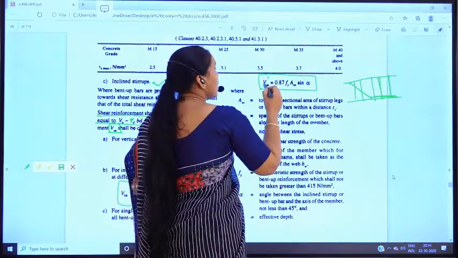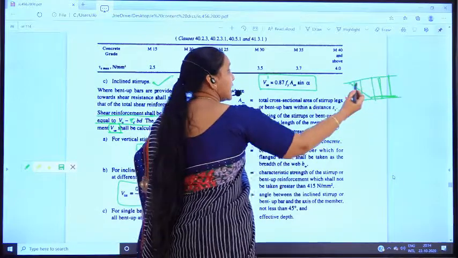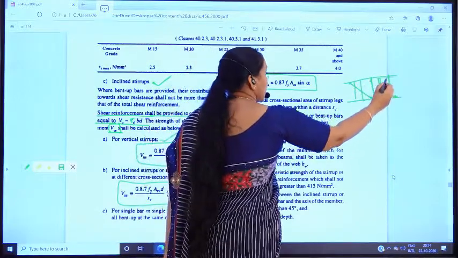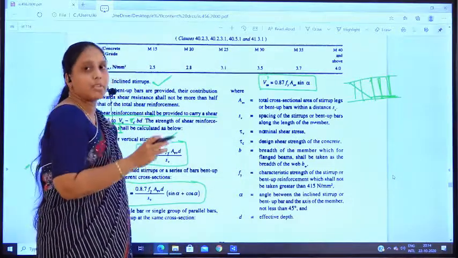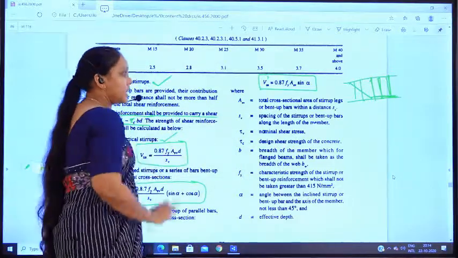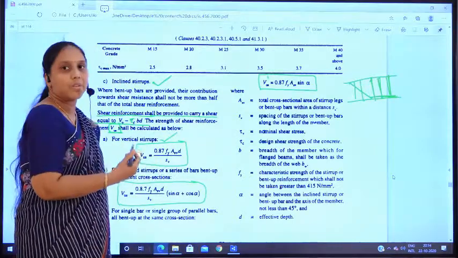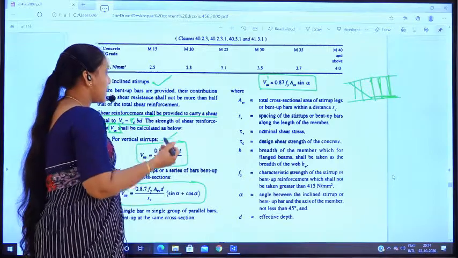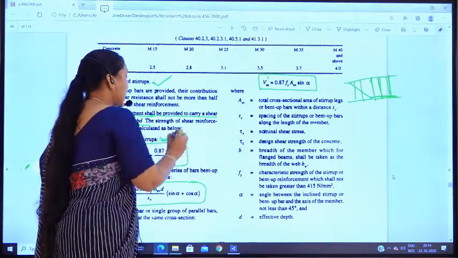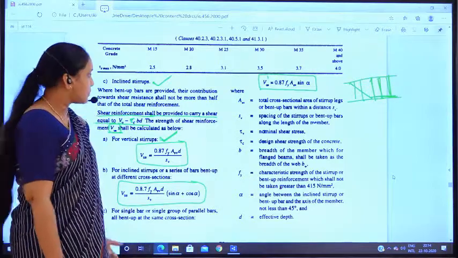First we will calculate VUS for the bent up bars, then we will calculate the VUS for the vertical stirrups, and for the remaining force we have to design the stirrups. So in this way, we have to design the shear reinforcement based on the magnitude, and take the type of shear reinforcement that has to be provided.